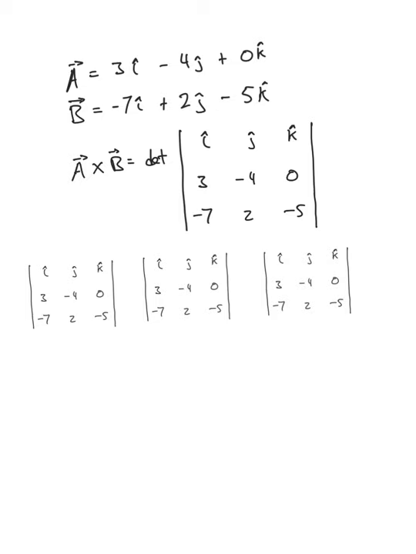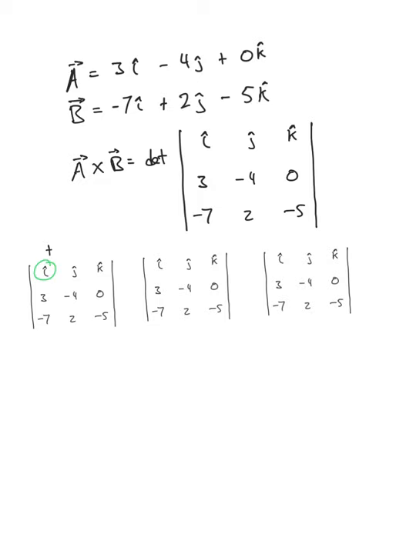So now what we can do is find the i, j, and k hat components of our cross product by taking the subdeterminants of the three matrices as we just did. So first we'll start with the i hat component, which remember has a positive sign.